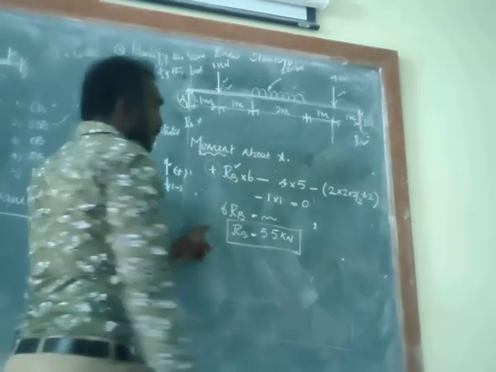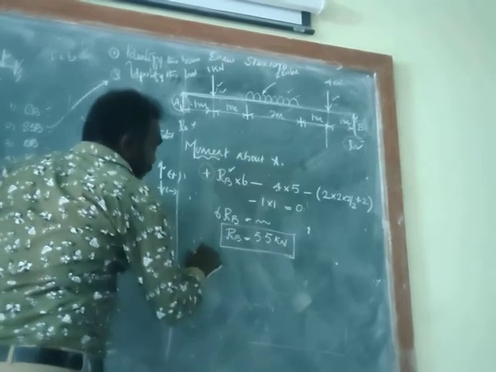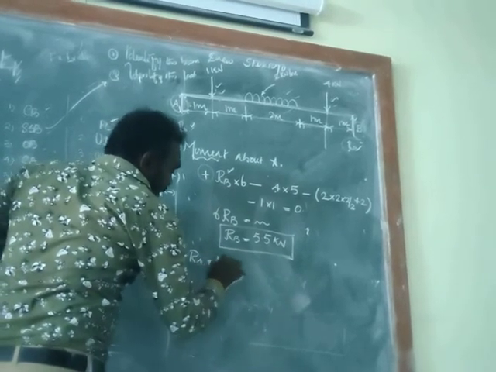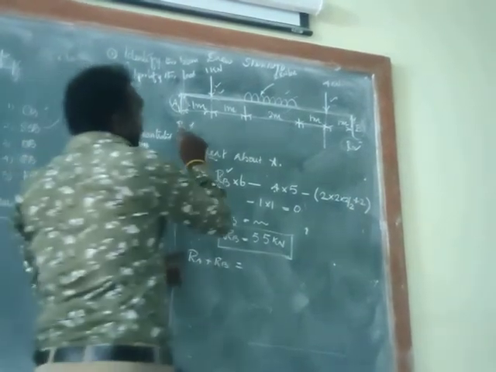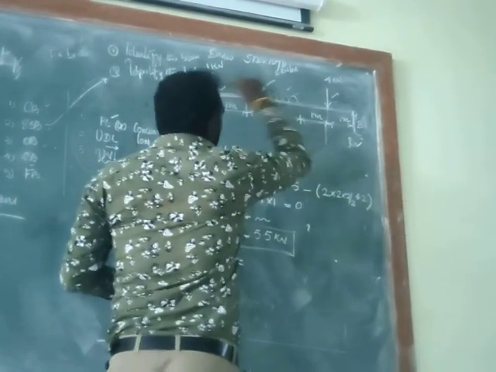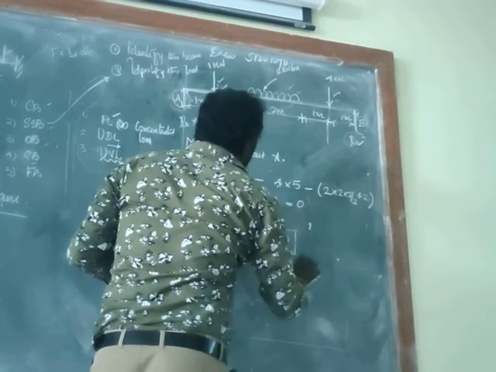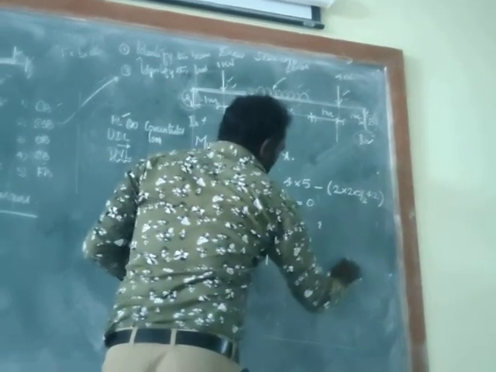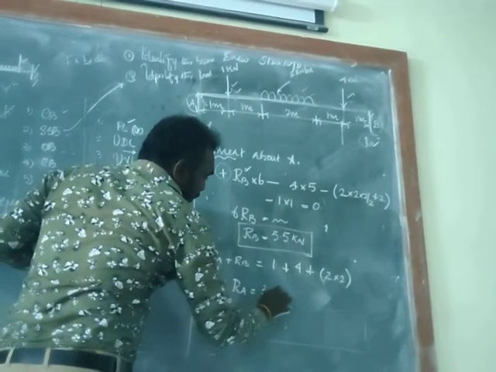To calculate RA, using the relation, upward reaction is equal to downward load. What are the upward reactions? RA plus RB is equal to the downward load. Downward load is 1 plus 4 plus 2 into 2. So from that equation, RA is equal to 3.5.